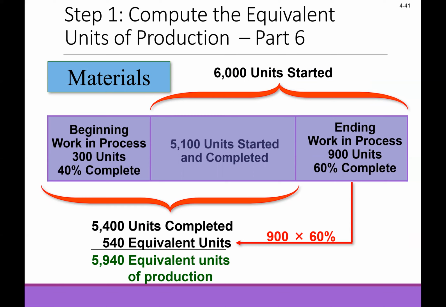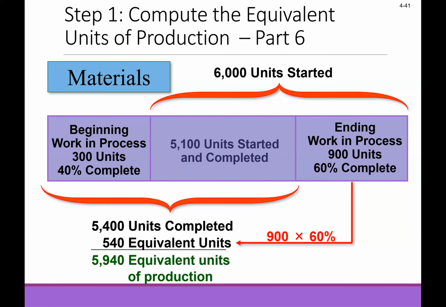The units completed are going to be the 5,400 units that were completed plus 540 equivalent units gives us our equivalent units of production of 5,940.